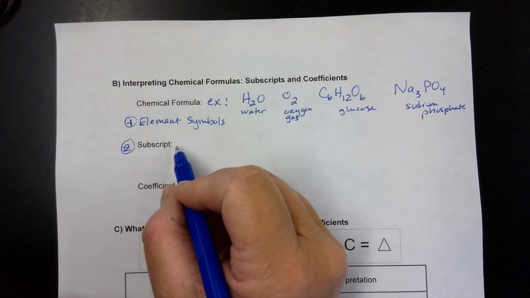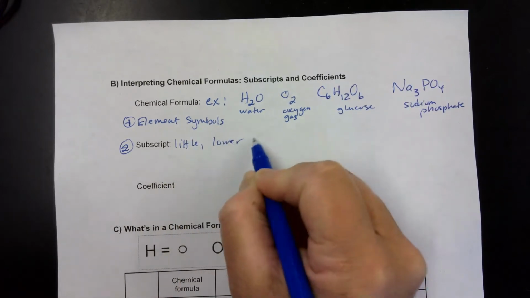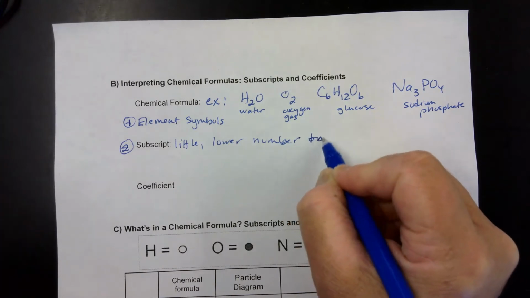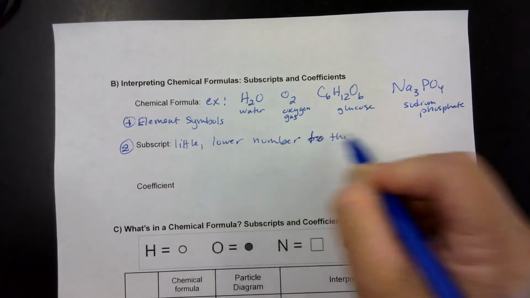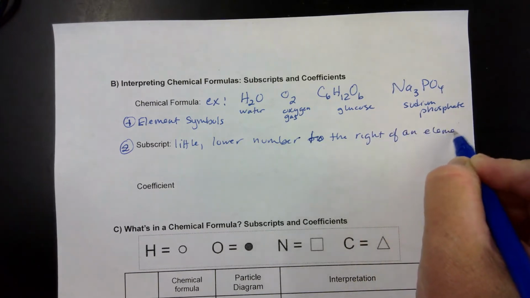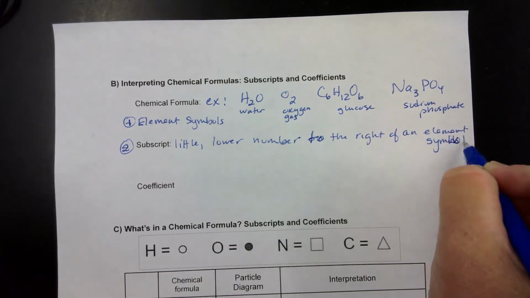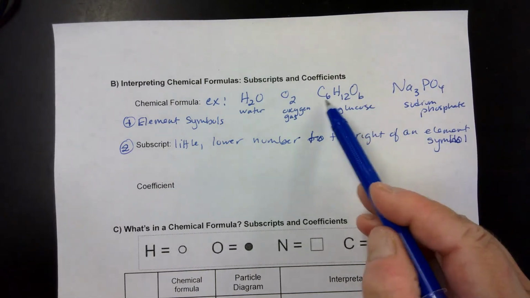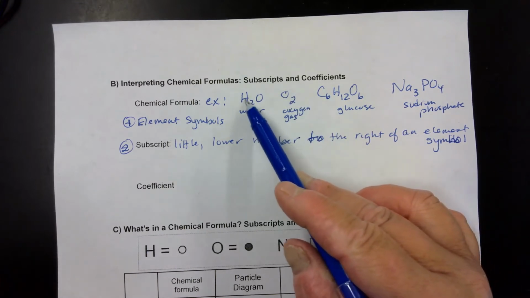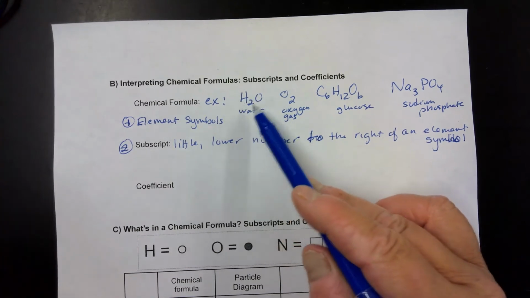Oftentimes, there are subscripts. Subscripts are the little lower number. I'm going to say two, this is the number to the right of an element symbol. Right, so this 2 here is telling you how many hydrogen atoms are going to be in this chemical formula.